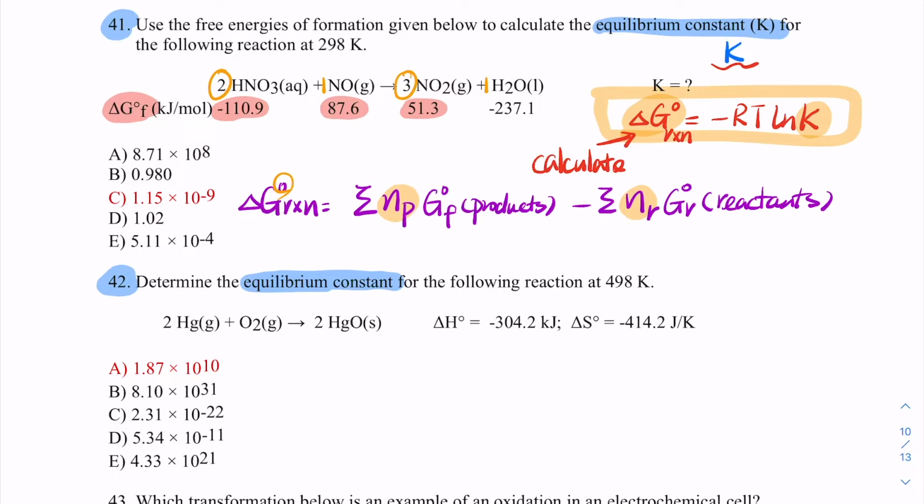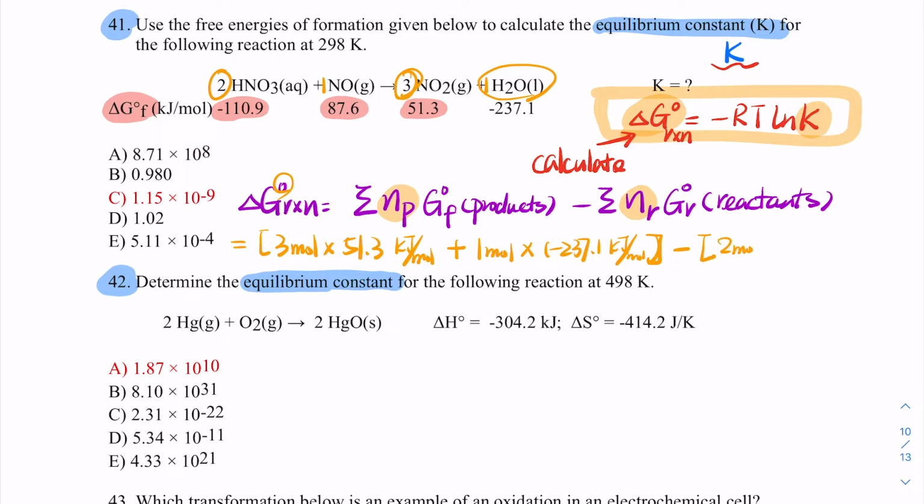For the products, I'll use 3 moles times 51.3 kilojoules per mole, and then add 1 mole of water times the value, negative 273.1 kilojoules per mole. That's your product. Now we're going to subtract the reactants. That will be 2 moles, over here, times negative 110 kilojoules per mole.